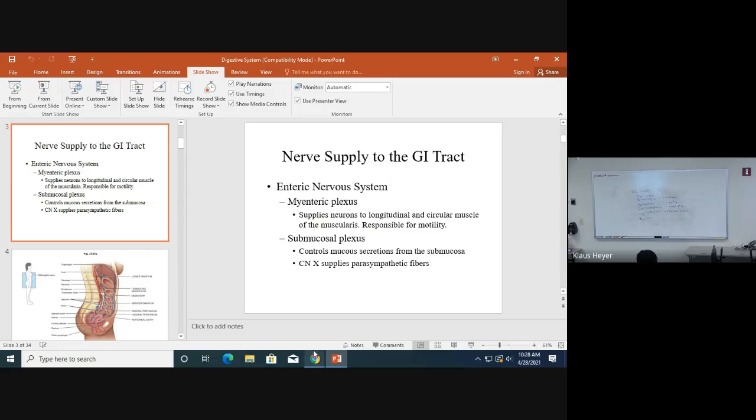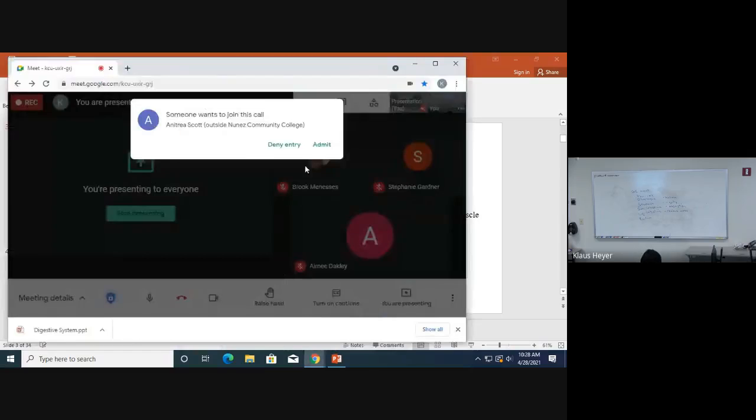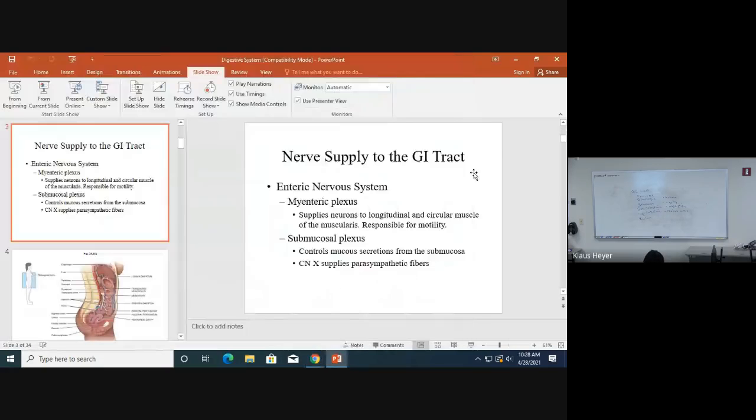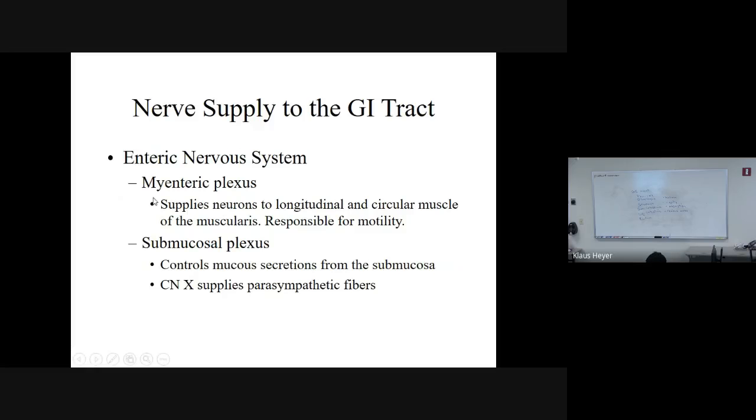So, yeah, that's all I'm writing there. I'm saying that the nerves are going to that muscle and they're constricting the muscle. When you feel hungry, that's what's up. It's the myenteric plexus. Your brain's stimulating that. And then the submucosal is when your brain's making the mucus glands go. Both of these are parasympathetic.